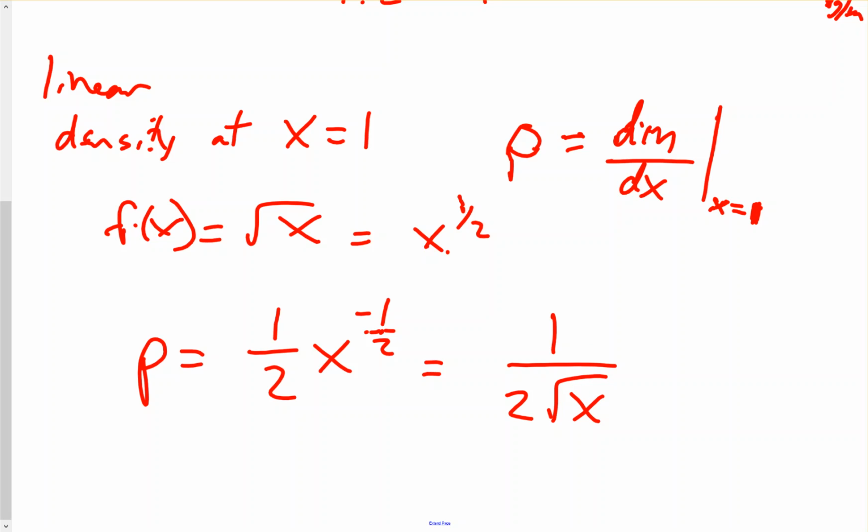And now we plug in 1, so we'd have 1 over 2, which is 0.50 kilograms per meter.